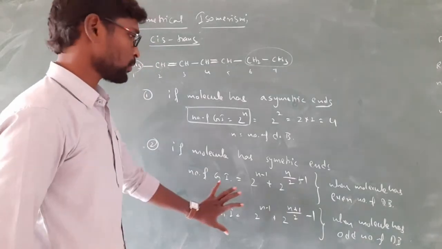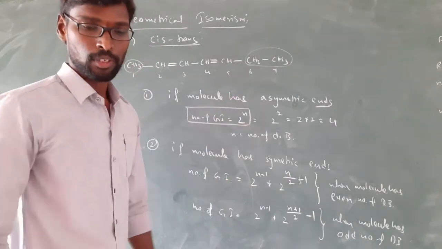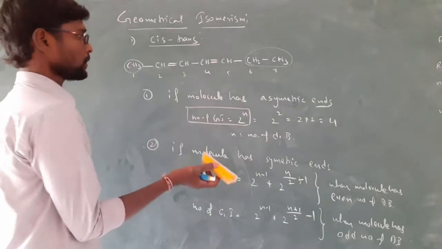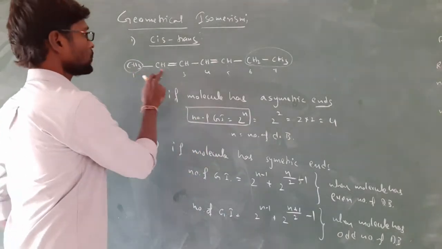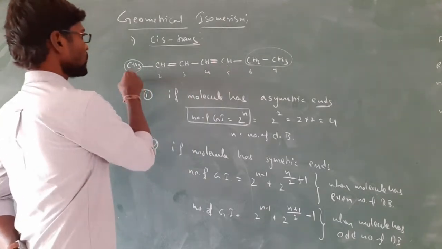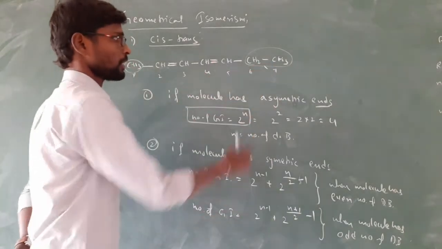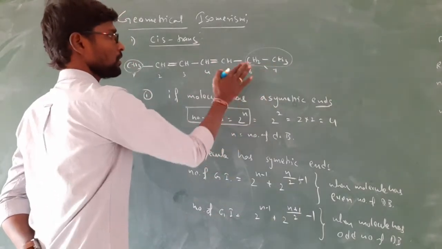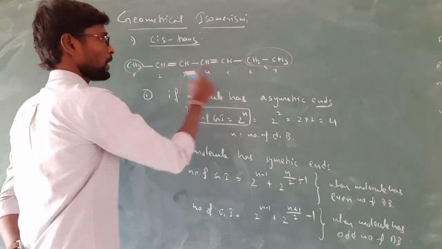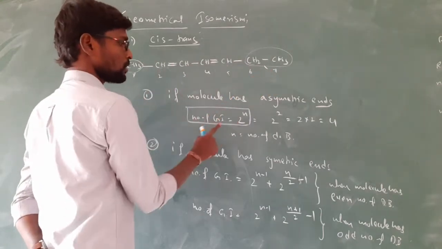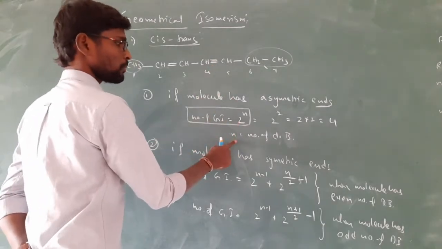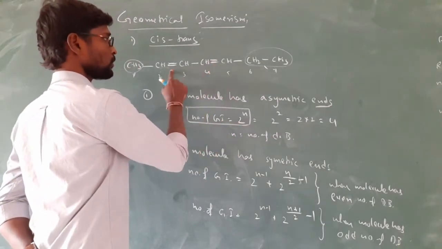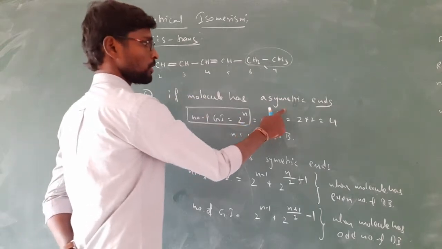Now we will apply these two formulas in an example. So I am writing this one. On this molecule you have different types of ends, asymmetric ends. Then what do you have to use? You have to use directly 2 to the power n, where n is the number of double bonds. Here in this molecule you have 2 double bonds, so I have taken 2 to the power 2.